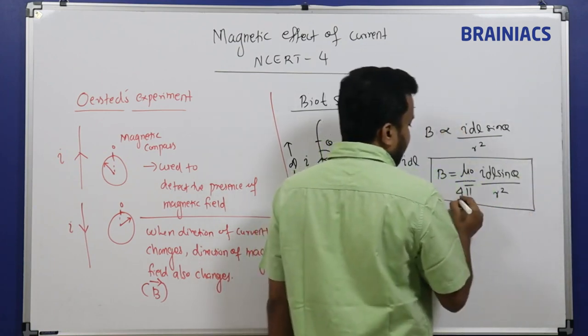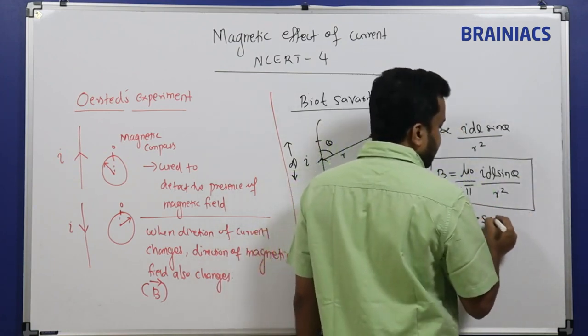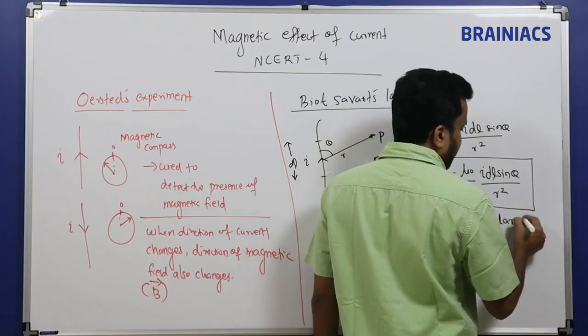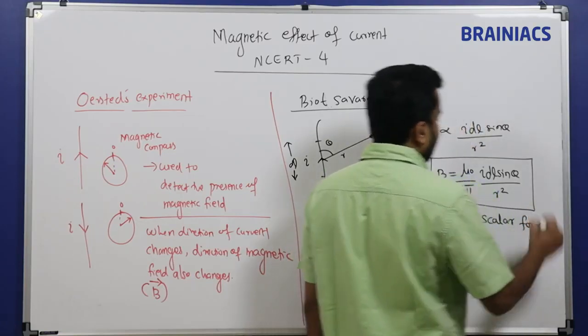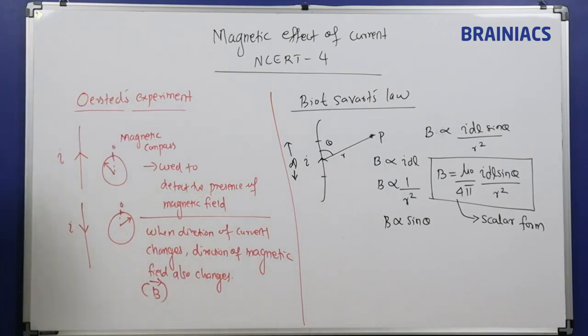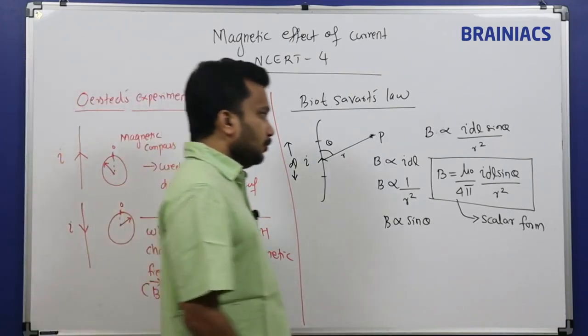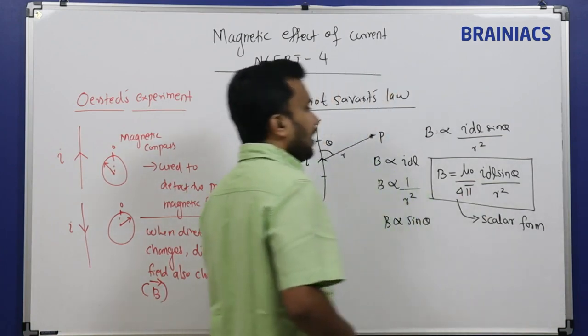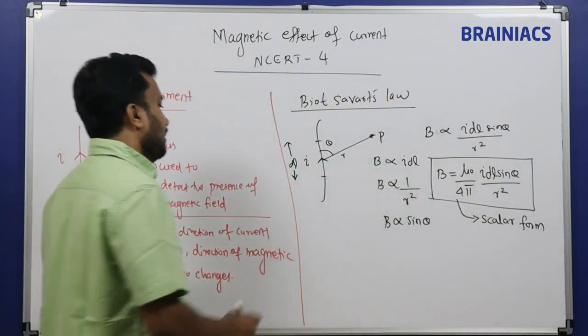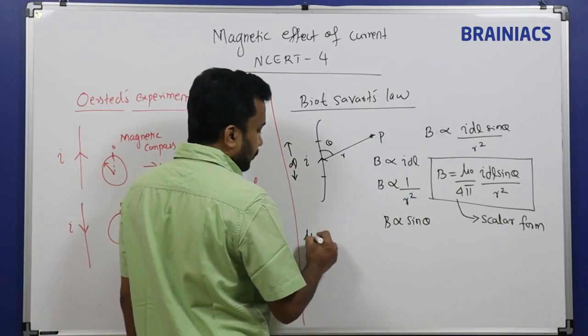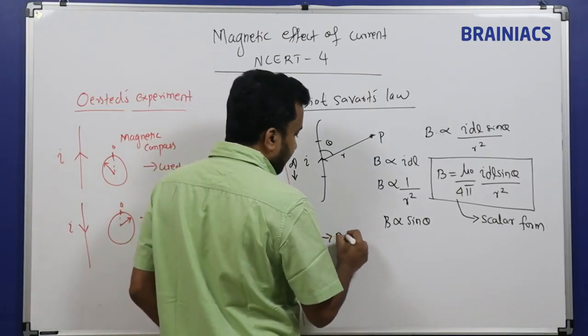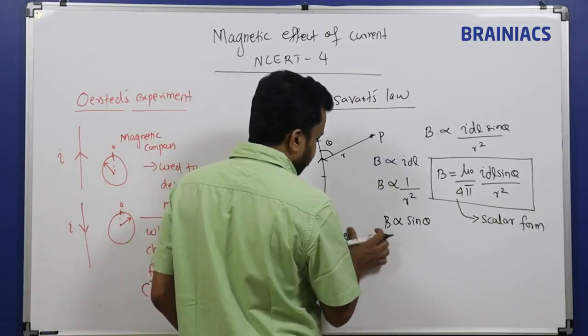I would like to call this the scalar form. So this is the scalar form of Biot-Savart's law. B is equal to mu 0 by 4 pi into I dl sine theta by r squared. What is mu 0? Mu 0 is called permeability.